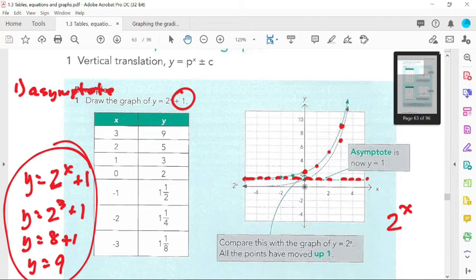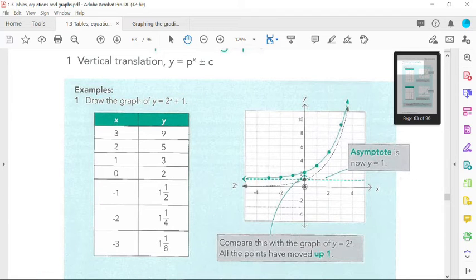Just choose a point and work it out. Or if you want to remember the graph for 2, then as long as this is a 2, right? If that changes, then all bets are off. So it's easier just to pick a point. But the main idea is this point, that if your asymptote moves up 1, your y-intercept moves up 1 as well. Okay? All right. And we'll finalize some steps in just a second.